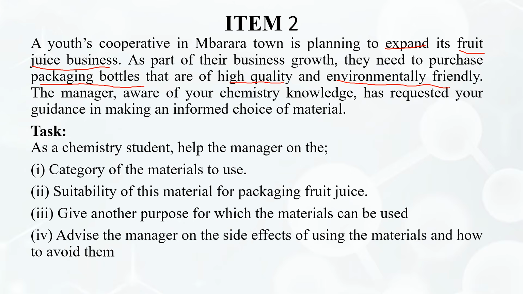Now they are saying, help and advise the manager to categorize the category of the materials to use, and then the suitability of the material. When you talk about suitability, we are looking at the properties. What does this substance have that make it very good to perform its purpose?